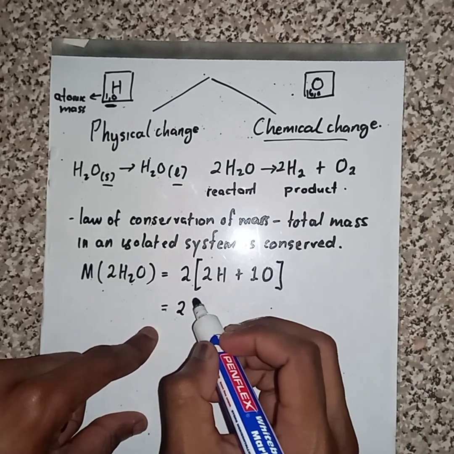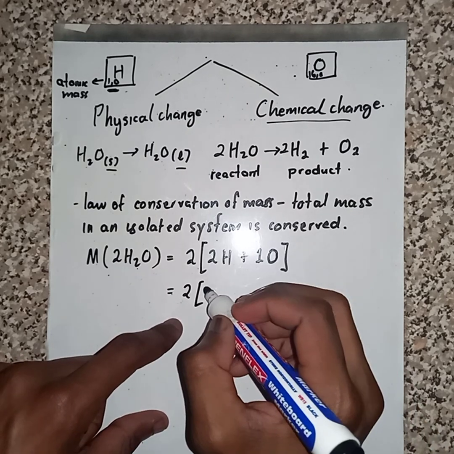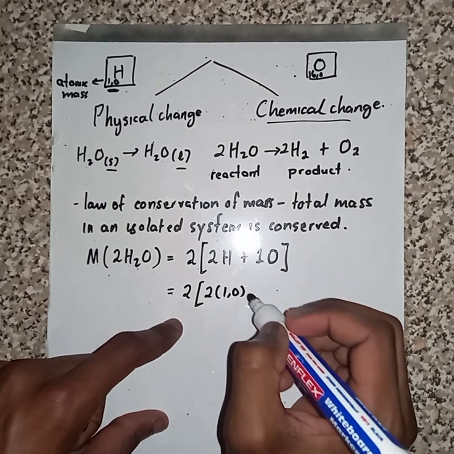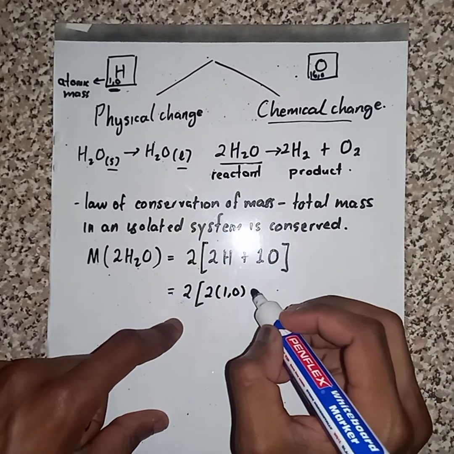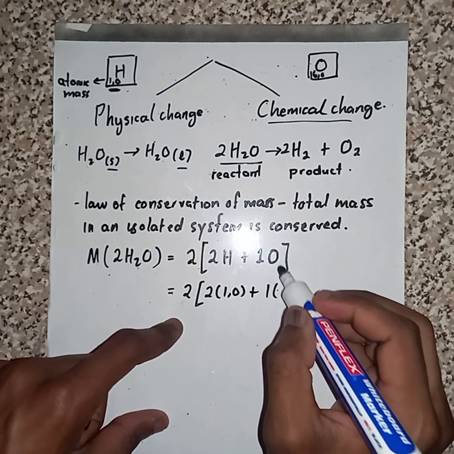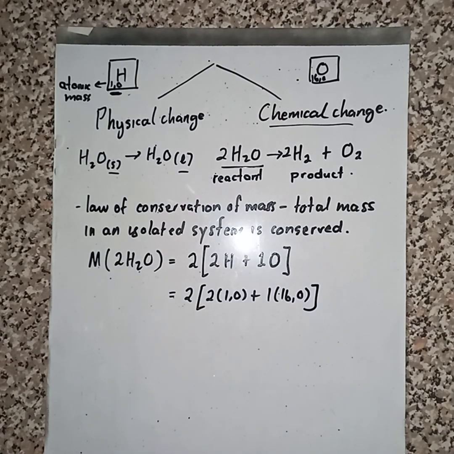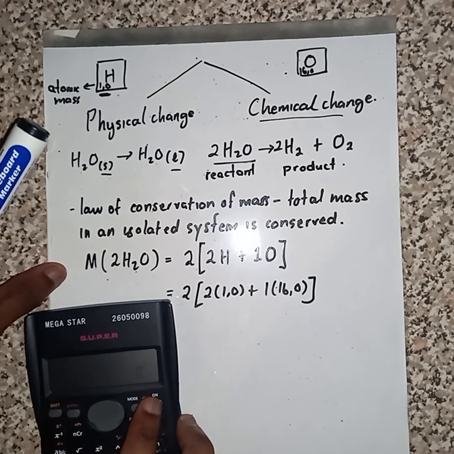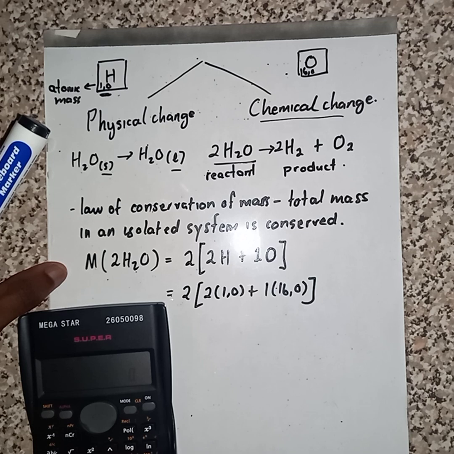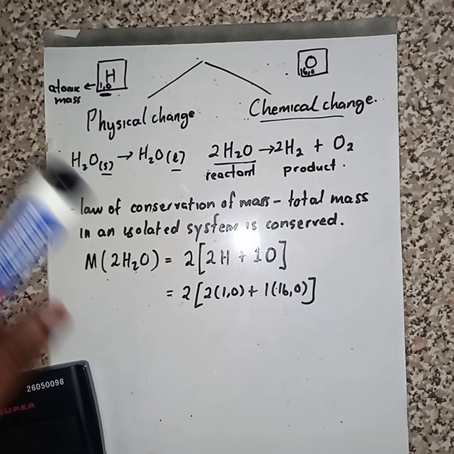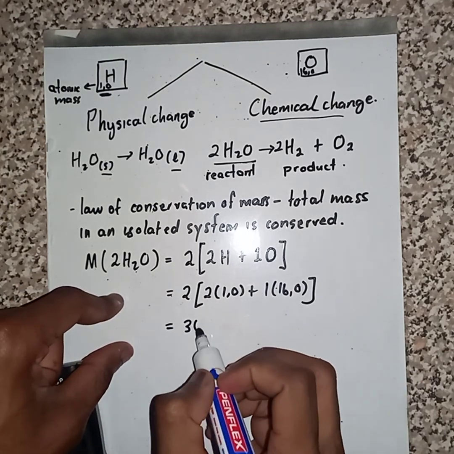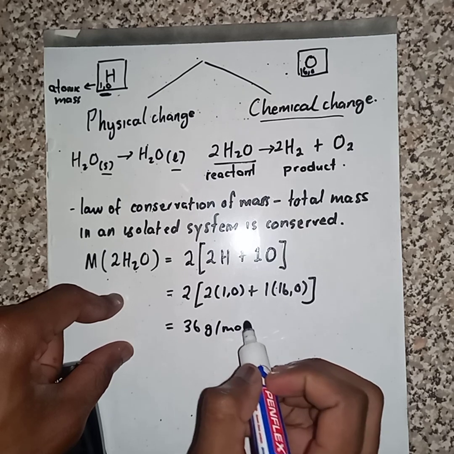Then let us substitute our atomic mass. We have 1.0, plus 1 of oxygen 16.0. Then we do have our calculator. We have 2 times (1 plus 1 plus 16). We get 36 grams per mole.